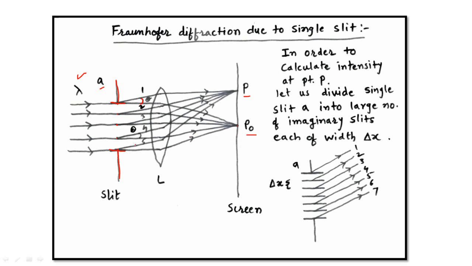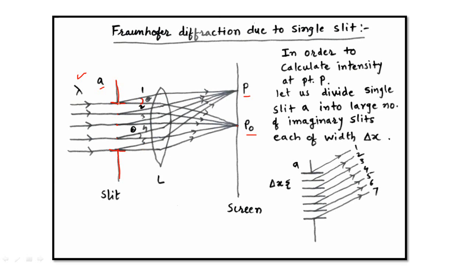In simple words, since the path traveled by all the rays is the same, the rays which meet at point P0 will always produce the principal maxima at this point. But the rays which are diffracted in the direction theta with respect to the normal travel different paths in order to reach point P on the screen.